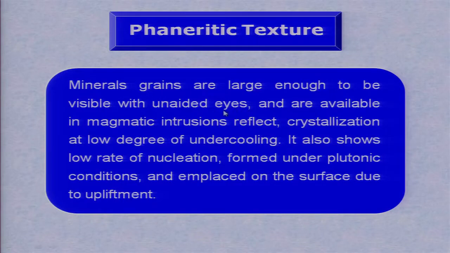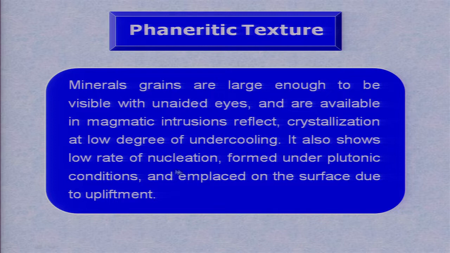Till now I was discussing the textures seen under the microscope, but in the case of phaneritic texture, the mineral grains are visible by unaided eyes and are available in magmatic intrusions, reflecting crystallization at a low degree of undercooling.